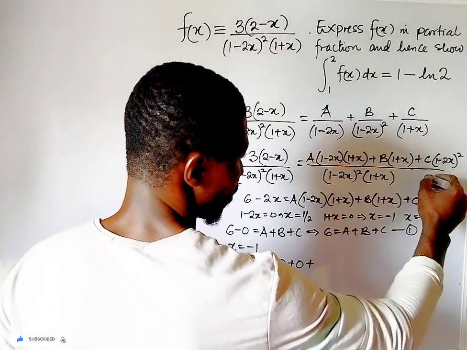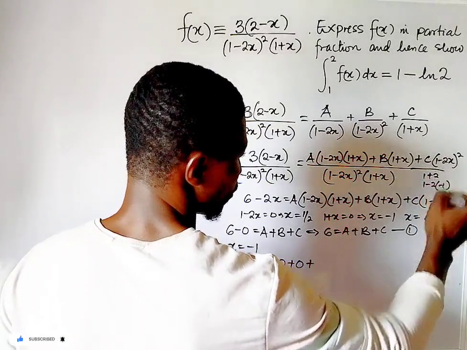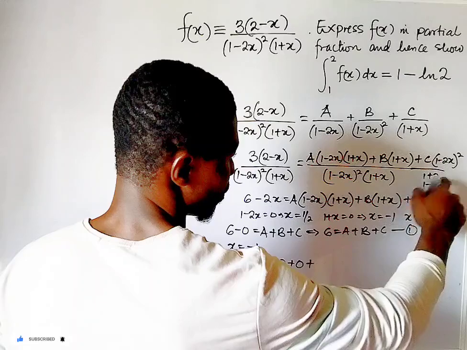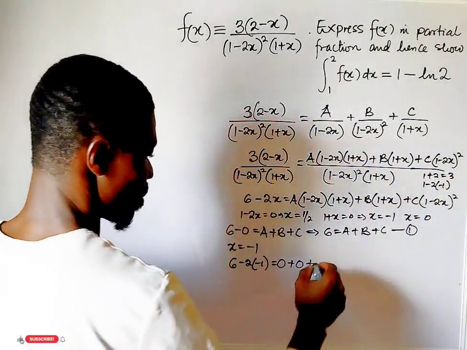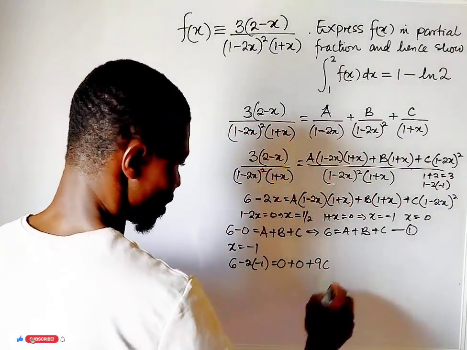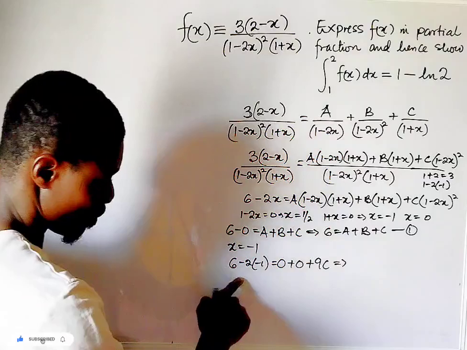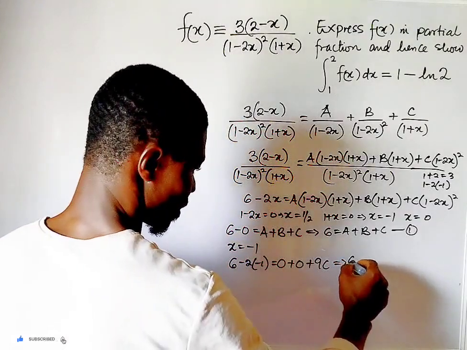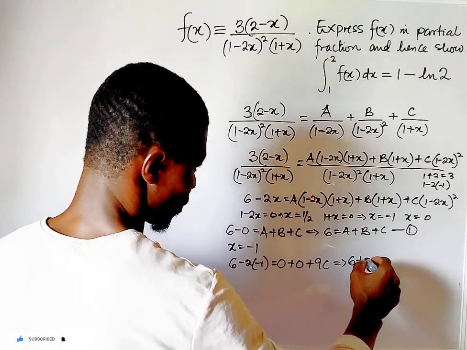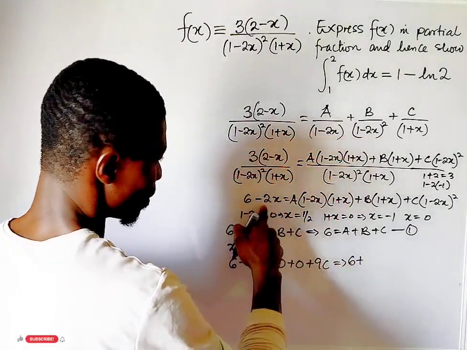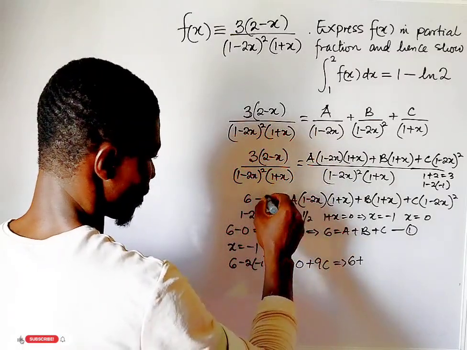This will give us 1 plus what? 2. Okay? So this equals what? 3. Now 3 raised to the power of 2 gives us what? 9. So here we have 9c. Oh, sorry, this is 3.